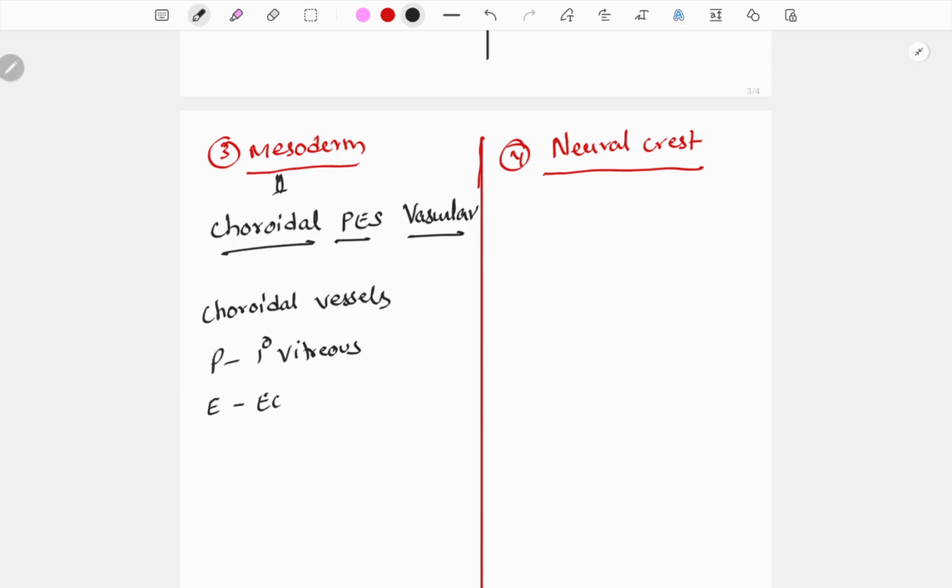E is extraocular muscles. S is sclera. Only the superotemporal part of sclera is by mesoderm. Vascular means vascular endothelium.